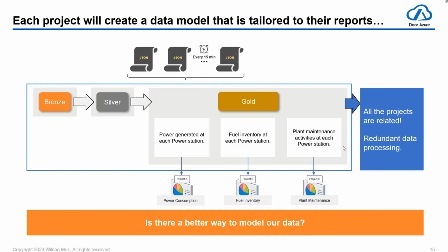And for Project C is where you're tracking any plant maintenance activity. So if a plant needs to be shut down, or if a specific meter needs to be shut down for maintenance, then the plant's manager, for example, needs to be aware of that, as that would impact the services for each of their customers.